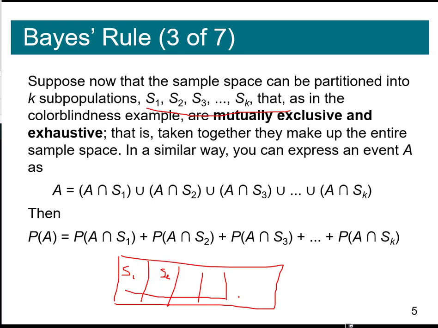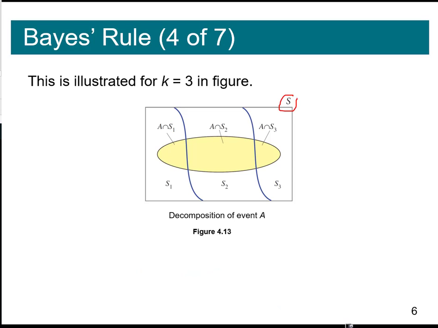Then if we have some set A, we can write it this way, as the union of this piece, and this piece, and this piece, and so on. And then since, again, those are disjoint, we can change the unions to pluses. And this is another picture.